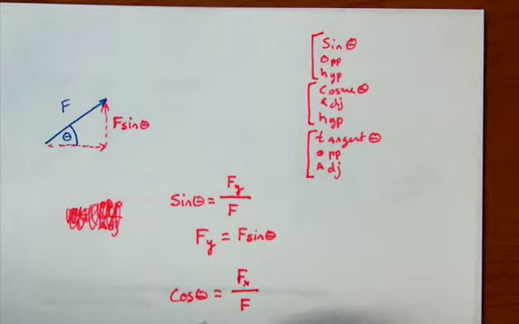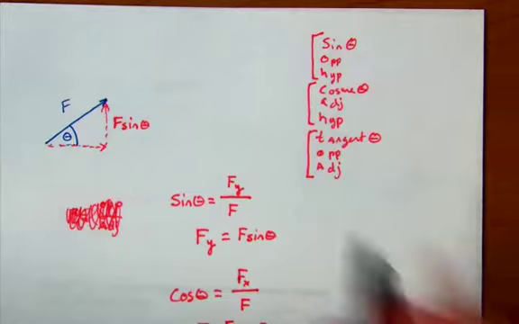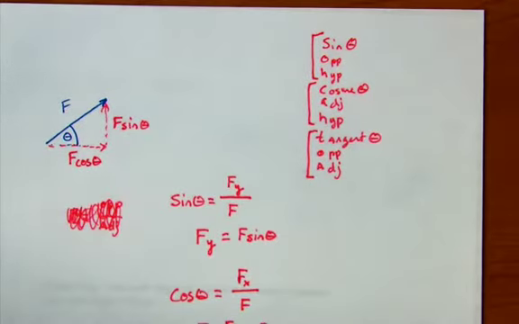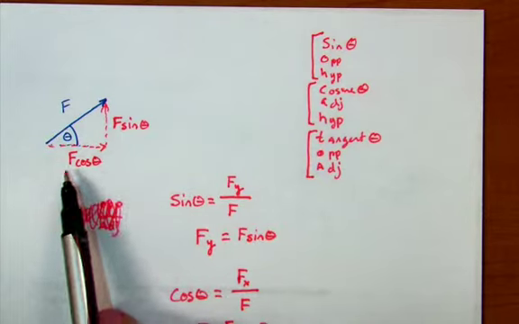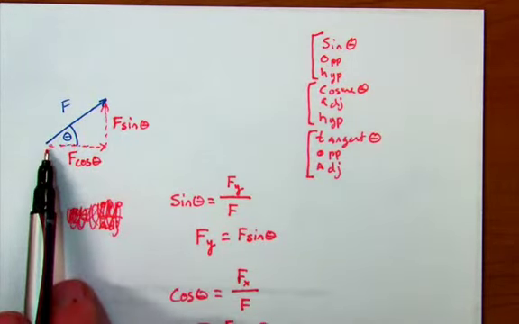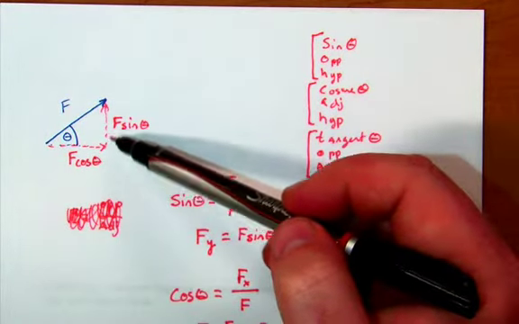And now I just solve for that. So f of x equals f cosine theta. So now what I've done is I've broken this 2-dimensional vector down into a vector that acts in 1 dimension, the x dimension, and an additional one that acts in the y dimension.